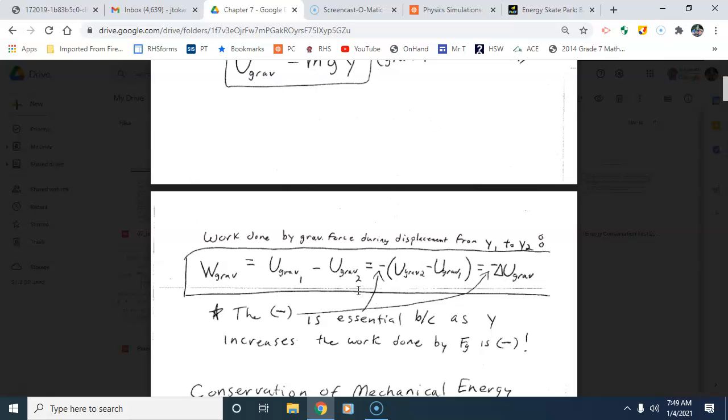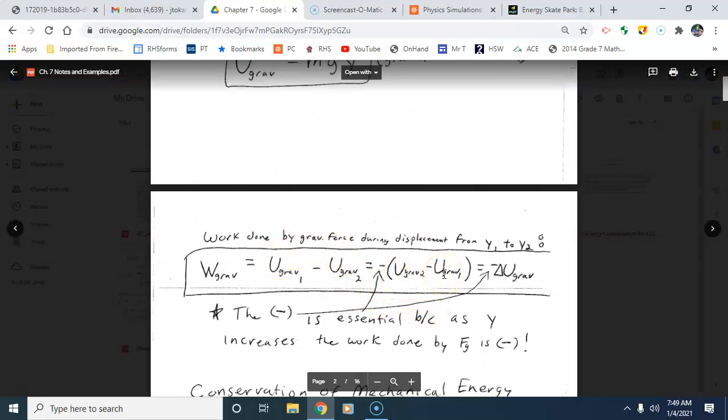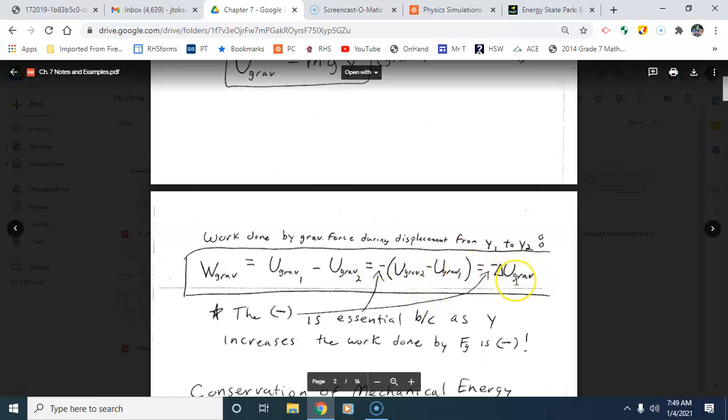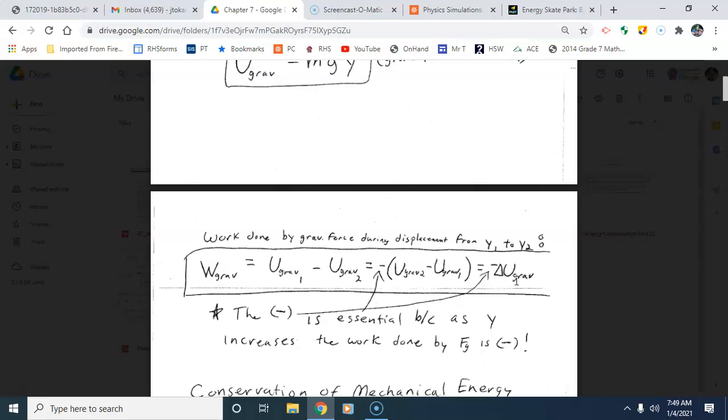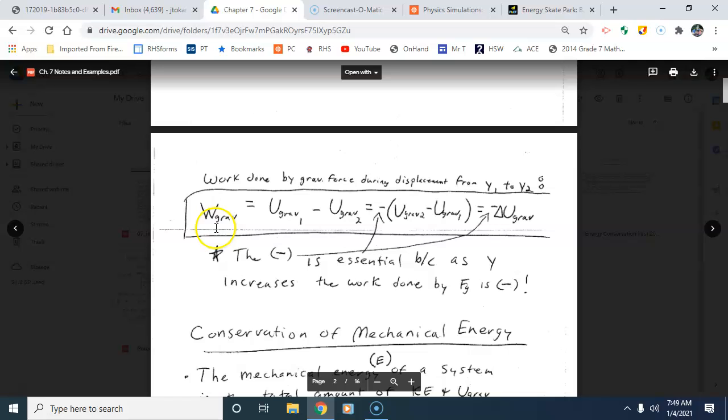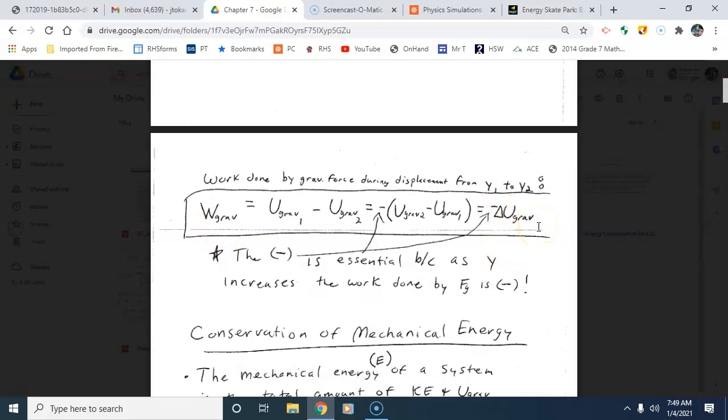But, so the signs work out, it's a flipped change in, where we could still arrange these UG2 minus UG1 and factor out a negative and get a negative change in. This is just simply flipping around something so the signs work out. So work due to gravity is equal to the negative change in potential energy due to gravity.